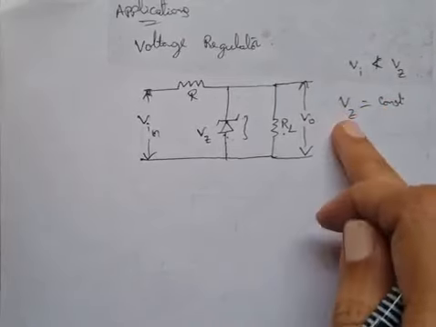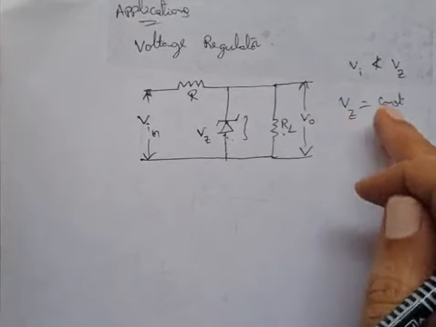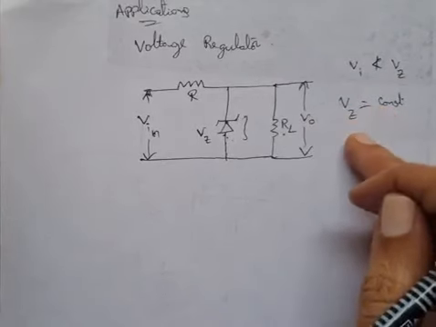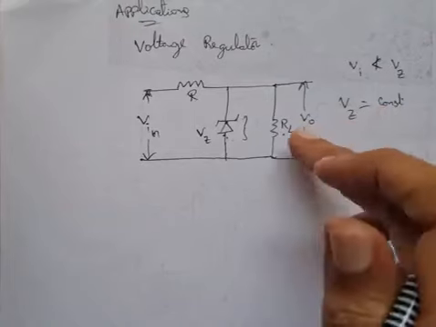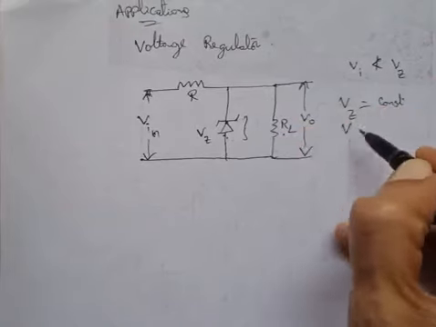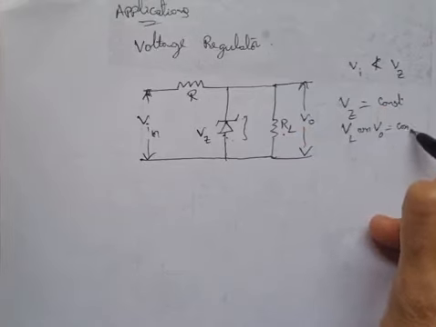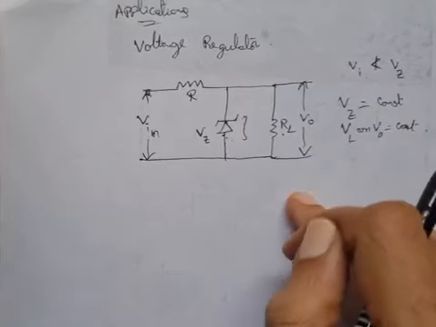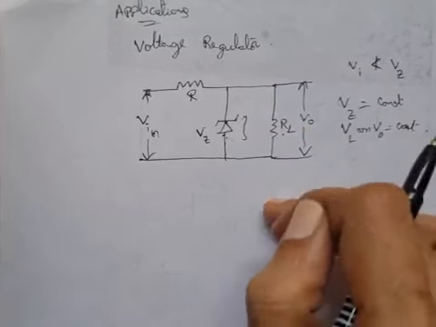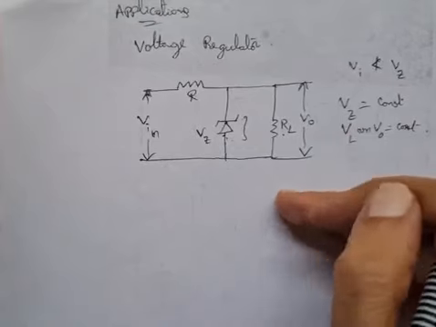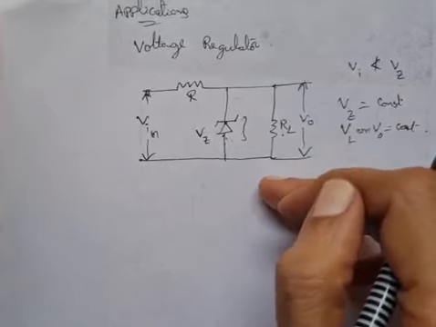In this condition, the Zener voltage is constant, and Zener voltage constant means the load voltage VL or V0 is constant. This is the basic application of a Zener diode, and this is the voltage regulator.